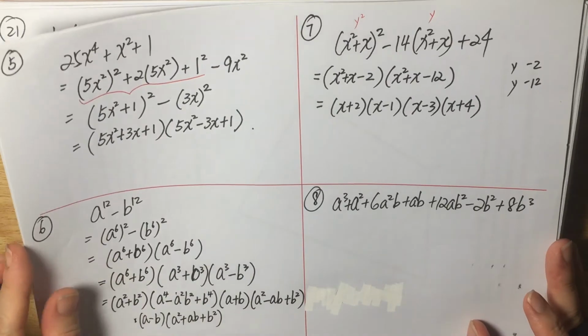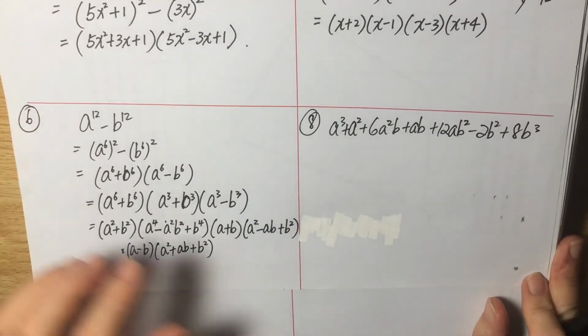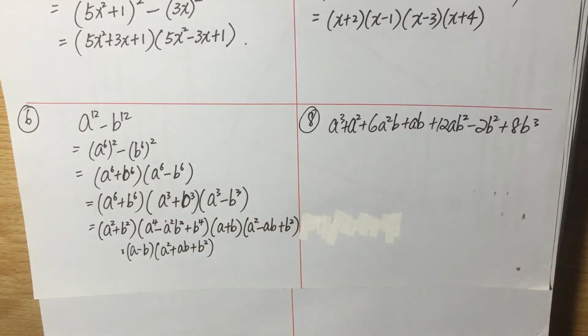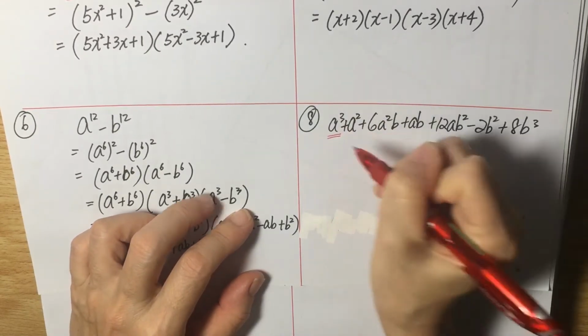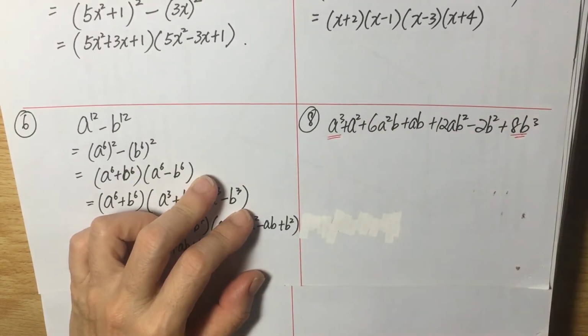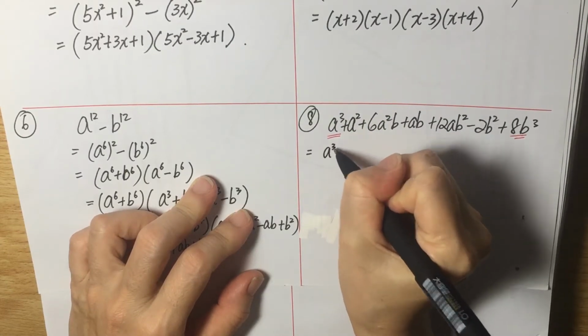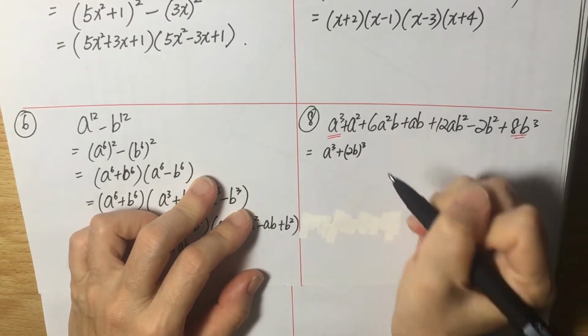Okay, question 8 is a difficult one. You can see 1, 2, 3, 4, 5, 6, 7 terms. Okay, 7 terms is not easy. What you're going to do is you take the first term and the last term. So this one becomes a cubed plus 2b cubed.